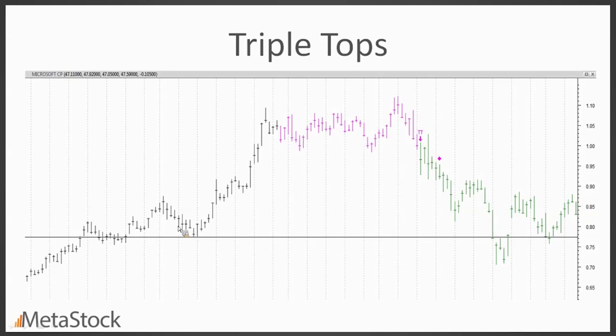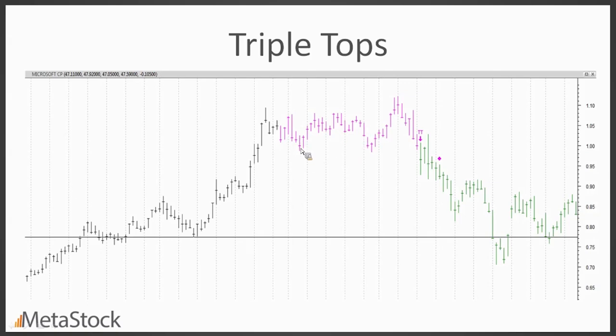As you can see, again, we have the beginning of a trend down here, and this is actually a long upward trend. We have our triple top, so we're establishing three high points with a couple of troughs in the middle.